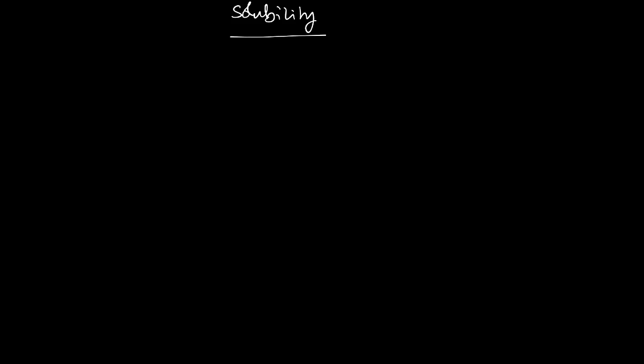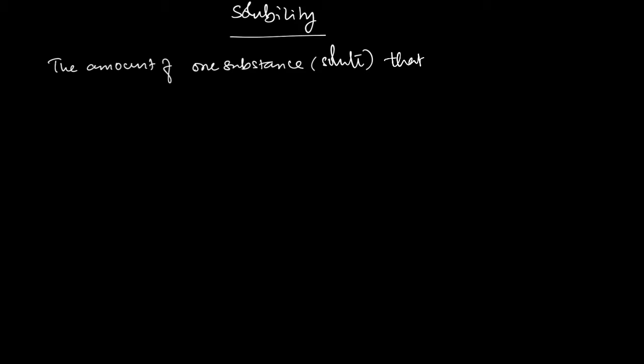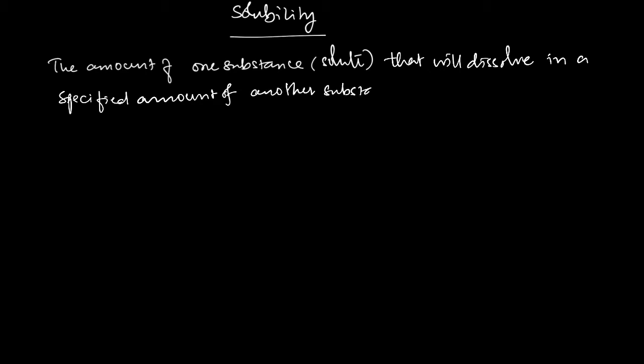So, when we say solubility, it describes the amount of one substance, generally a solute, that will dissolve in a specified amount of another substance, which is the solvent, under stated conditions.